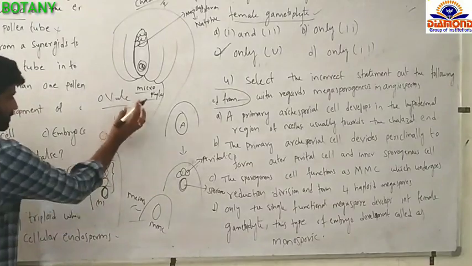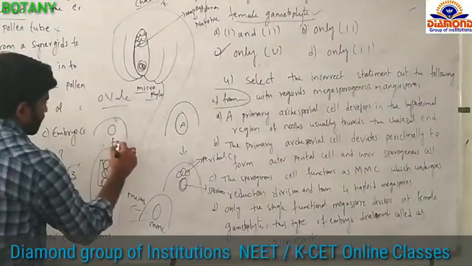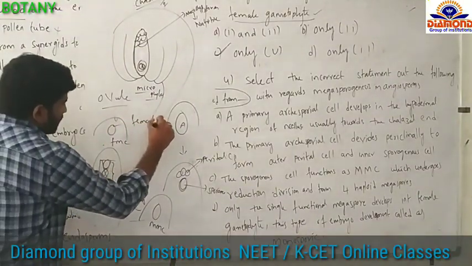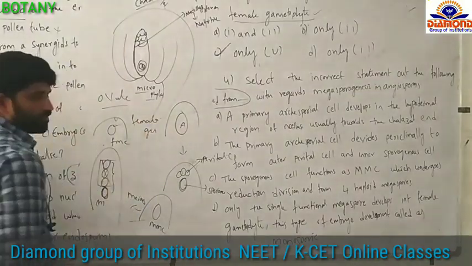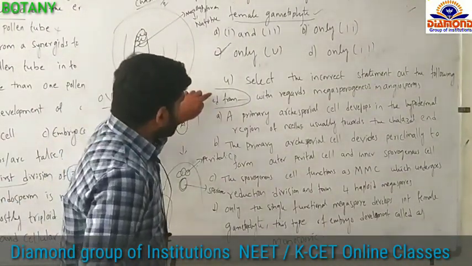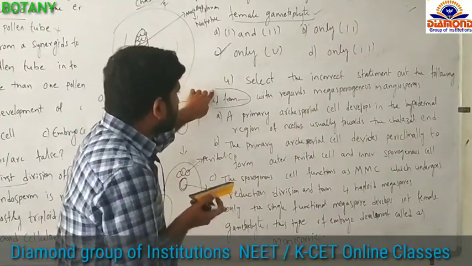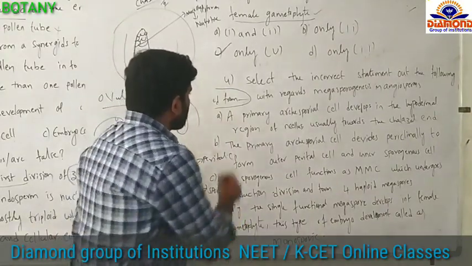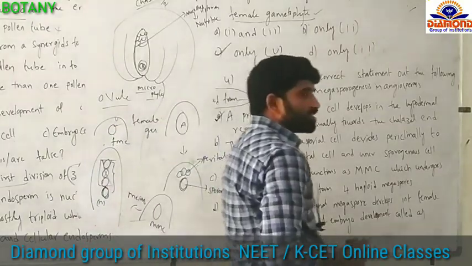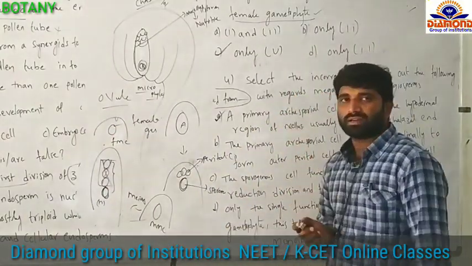This functional megaspore can act as the female gametophyte. We have to select the incorrect statement out of the 4 options. The incorrect statement is A only, because archesporial cells are formed towards the micropylar end and not towards the chalazal end.